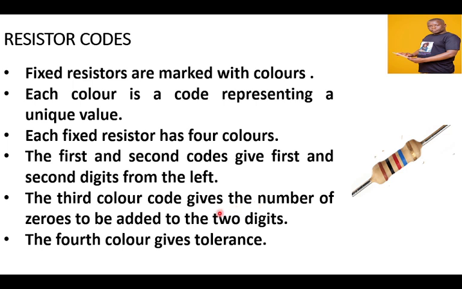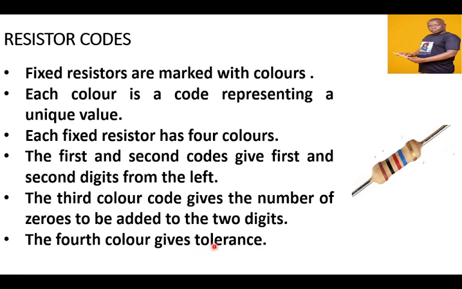Now, the fourth color, look at this. So we have the first, second, third, fourth. The fourth color, or the last color, let's not limit ourselves to saying fourth, because here you already see you have 4 color bands. So you have 1, 2, 3, 4. But the last one gives you what we call tolerance.